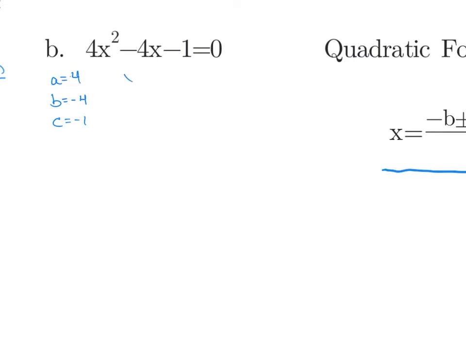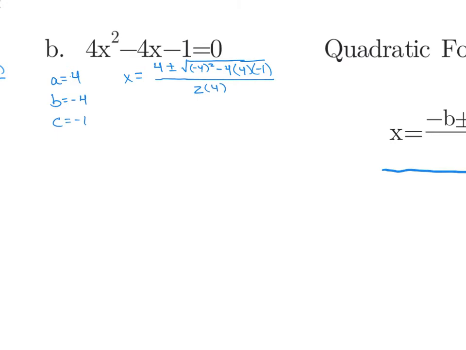So when we plug into our formula, we get minus negative 4 becomes plus 4, plus or minus the square root of negative 4 squared minus 4 times 4 times negative 1, all over 2 times 4.